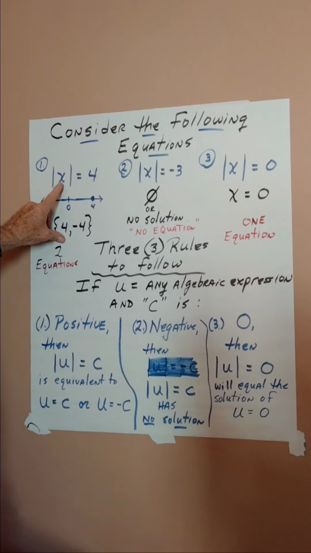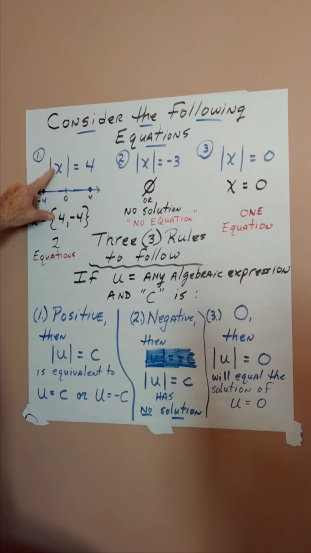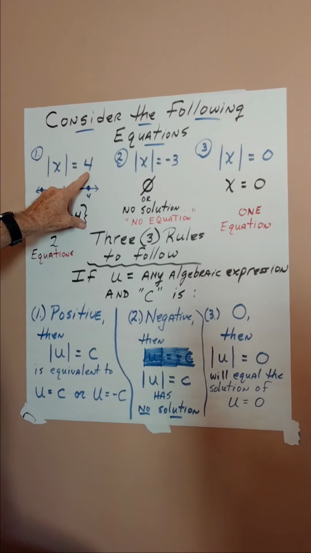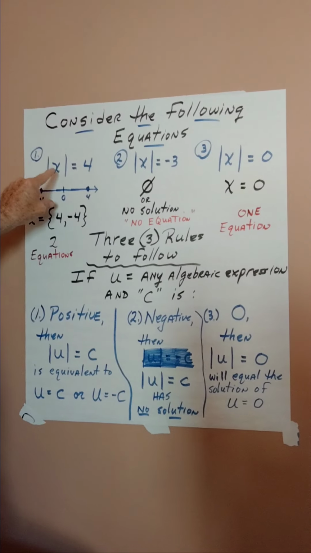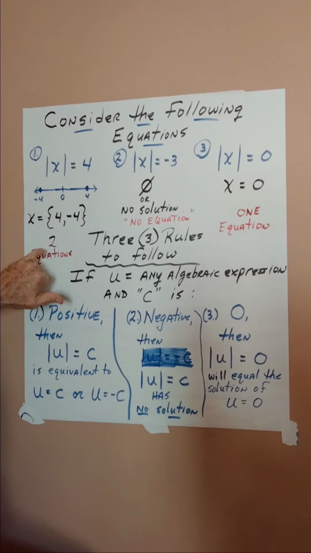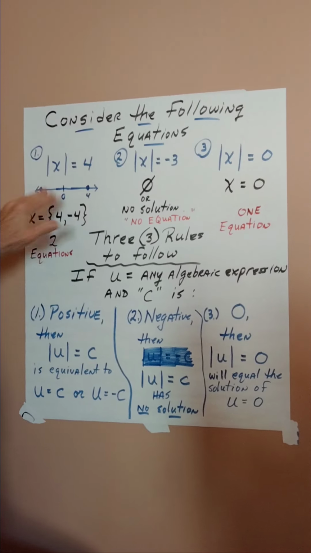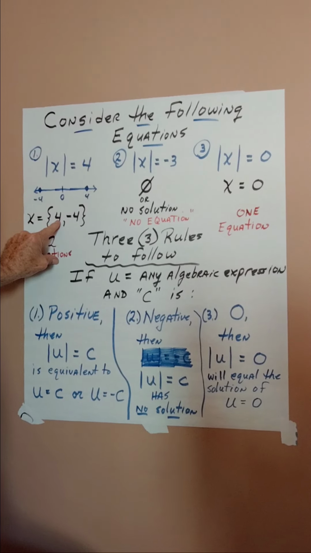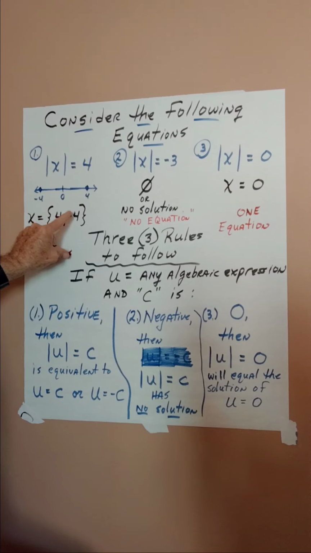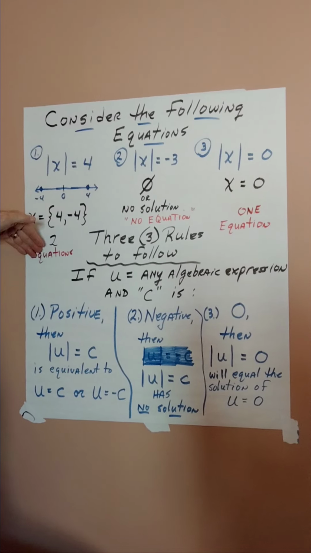So whenever you're given an absolute value expression, and it equals a positive number, that form of equation will always lead to 2 equations. In this case, x is not only equal to 4, but x is also equal to negative 4. It leads to 2 equations.